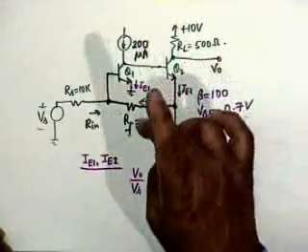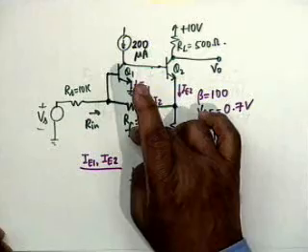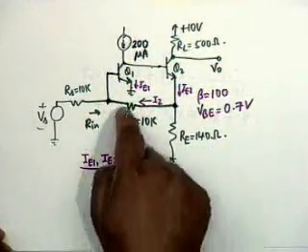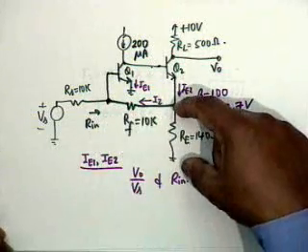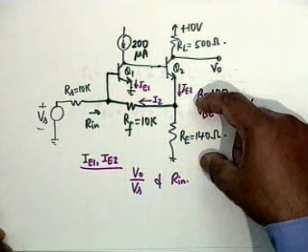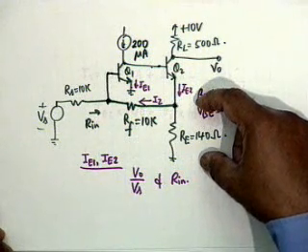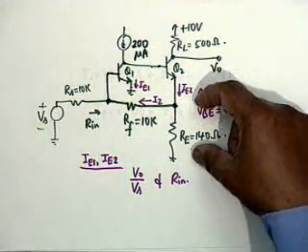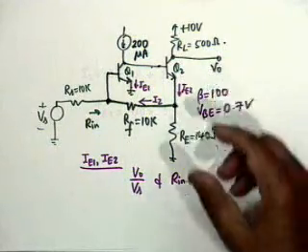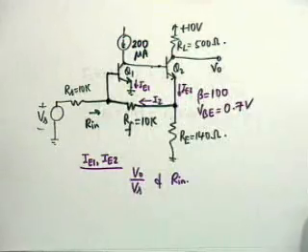RE parallel RF, and beta would be found out as the current rising through RF divided by the voltage across RE. Is that clear? Okay. Therefore, beta would be simply minus 1 by RF. With a little practice, you need not draw the beta circuit at all. And the rest of the solution is left.